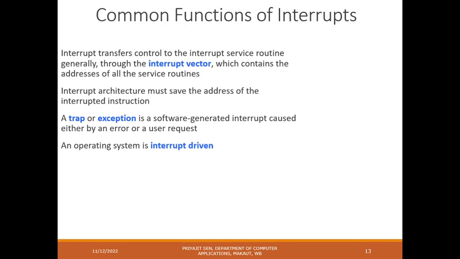Suppose a CPU has different works to perform. Now the CPU has been assigned some instructions, and it is executing them one by one. Now from some particular address, suppose the interrupt has to be done. At that time, from the interrupt service routine, from that particular location the interrupt will happen, and the CPU will go to the particular location where it is desired.